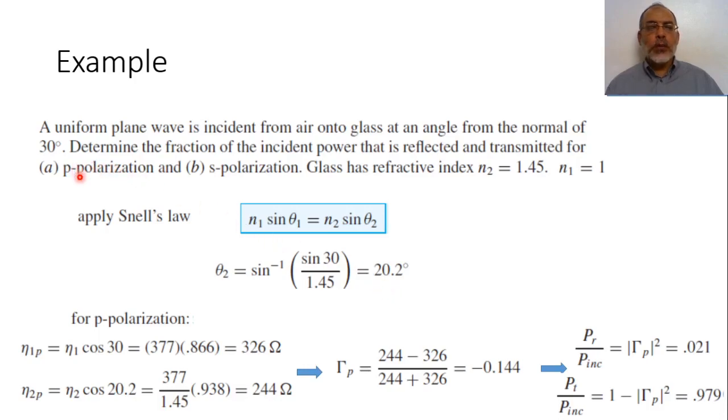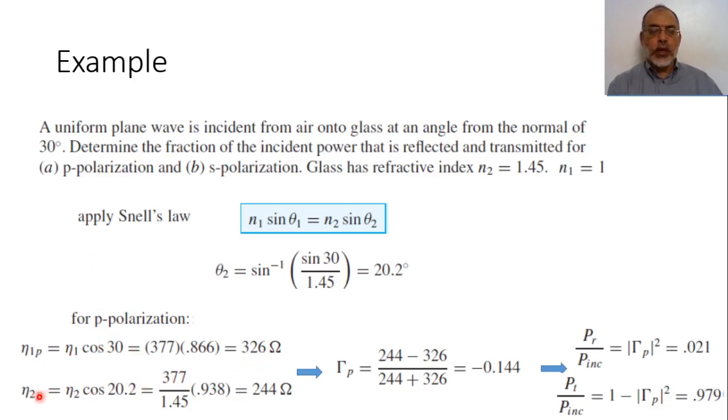Now, if I'm talking about the parallel polarization, the reflection coefficient will depend on eta 1 parallel and eta 2 parallel. Eta 1 parallel is eta 1 cosine theta 1, and eta 2 parallel is eta 2 cosine theta 2. Eta 1 is the intrinsic impedance of medium 1, which is free space, so 377 ohm, multiplied by cosine theta 1, cosine 30, so this is eta 1 parallel.